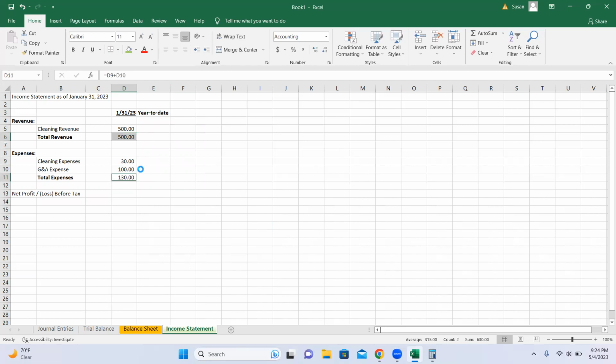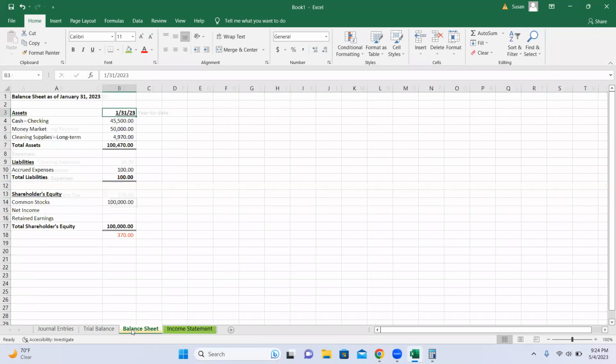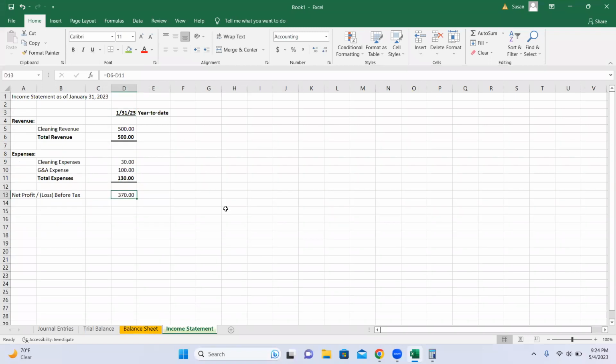And let's fold this, and let's do a double bottom line. So our net profit is $370. Now I haven't factored in the taxation, but you could do that. And to do that, we can just add an additional line for tax.